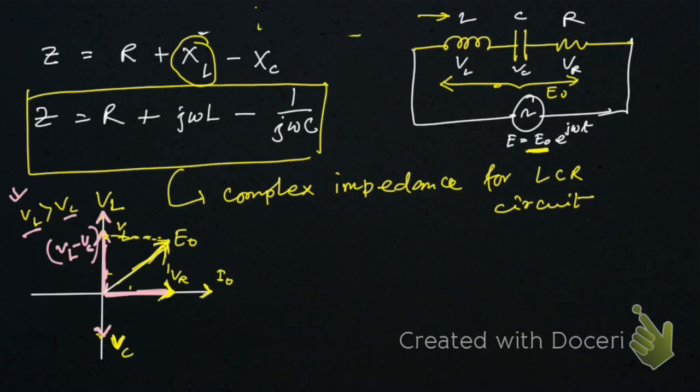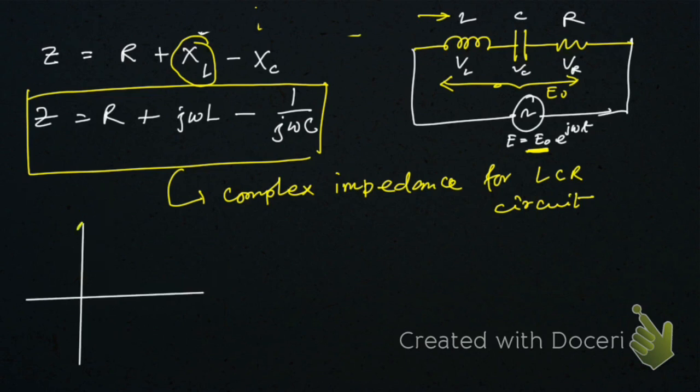You can draw this diagram in terms of XC, XL as well. So let me show you how to do that. Let me clean these things. On this axis we're going to take XL, and here we're going to take XC, and this is our R, suppose, right? Then this vector will be XL minus XC, and here we're going to get Z, the impedance Z, right?